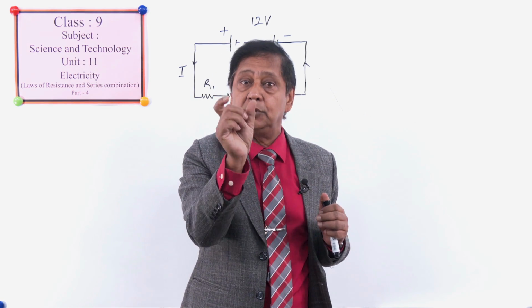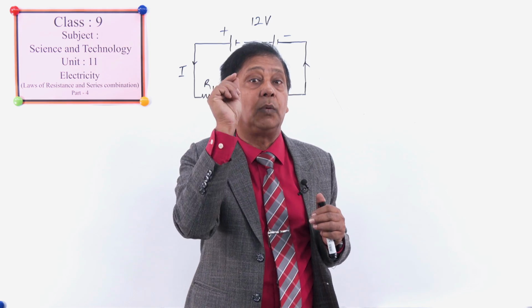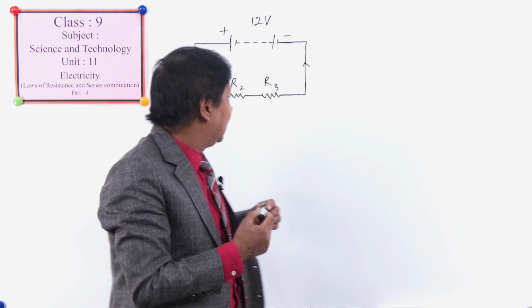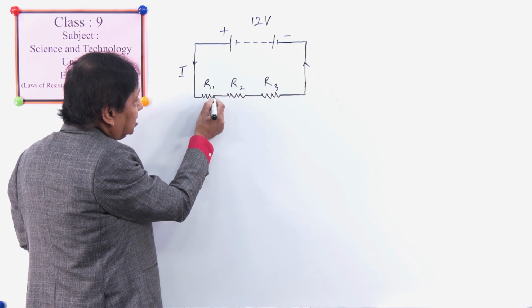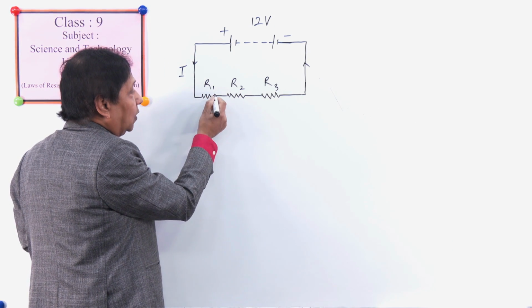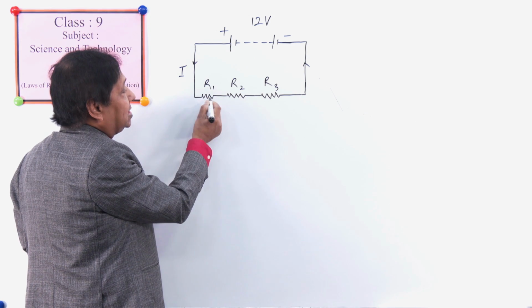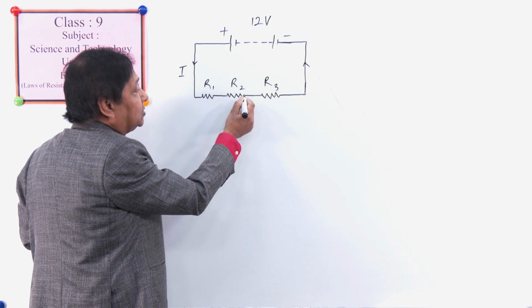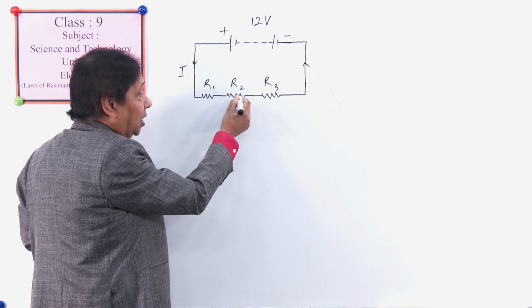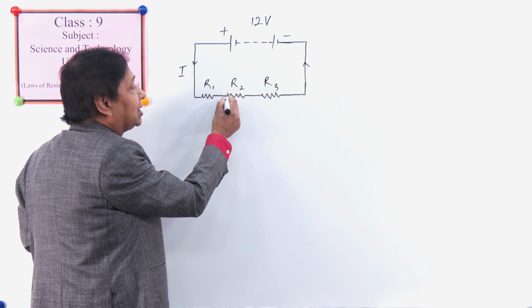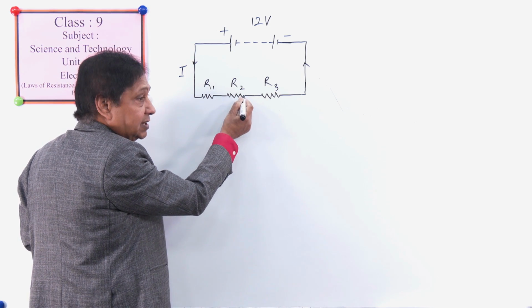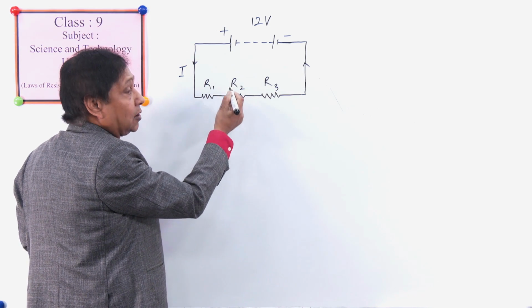Energy conversion between two points of a circuit by the flow of 1 unit charge is called potential difference between those two points. That's why the potential difference between these two points per coulomb charge is the PD across this resistance, and likewise the PD across R2.